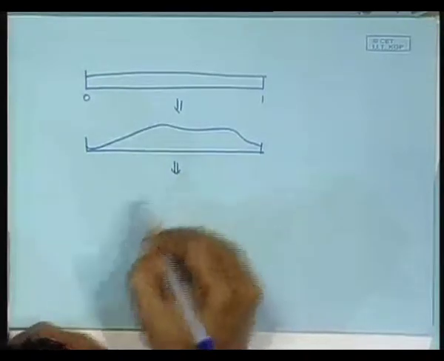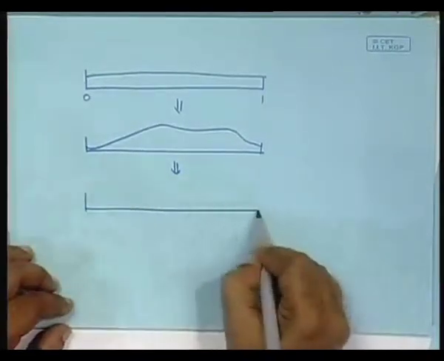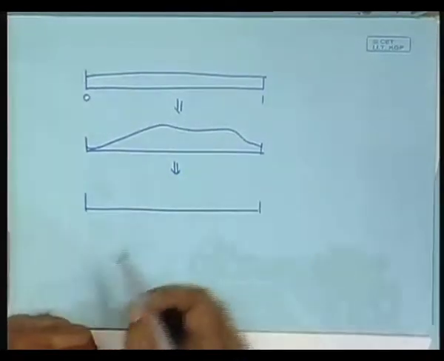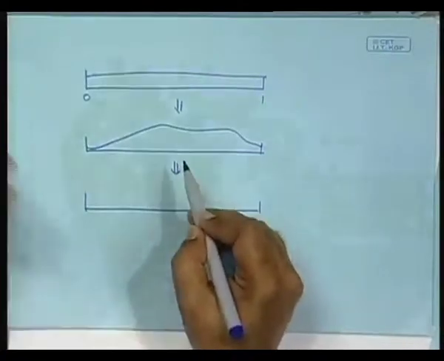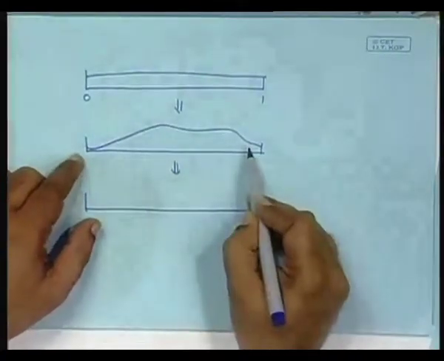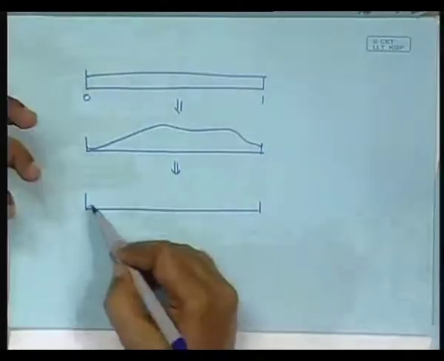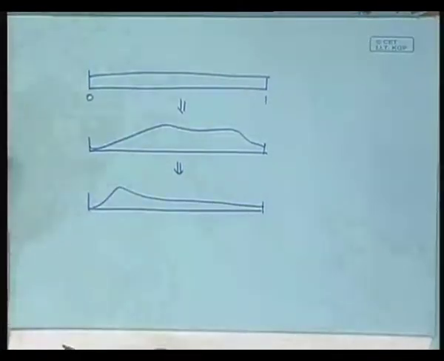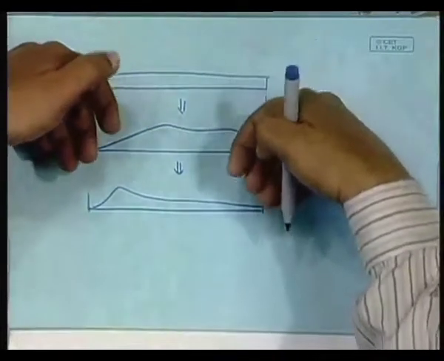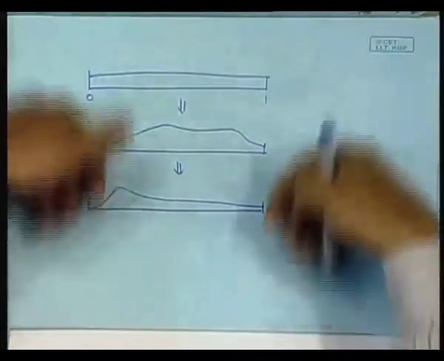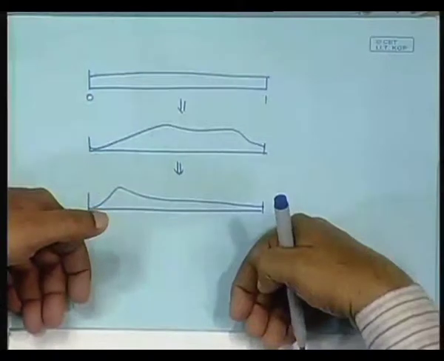Again, if you apply the same map on each point, again the density will change, right. So, suppose it gets this density, so on and so forth. You can go on applying this logic further and further.